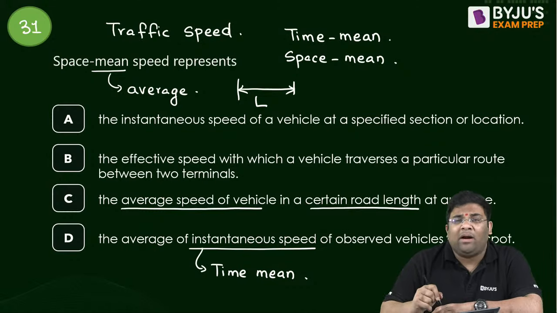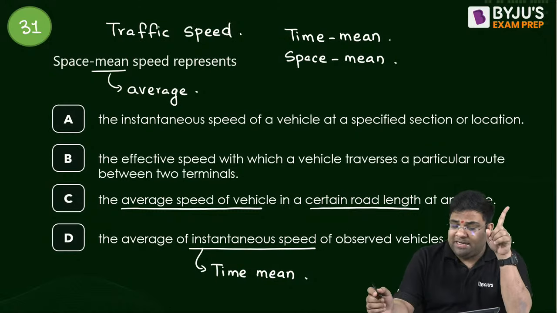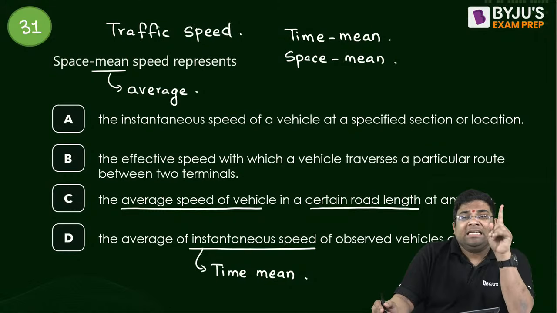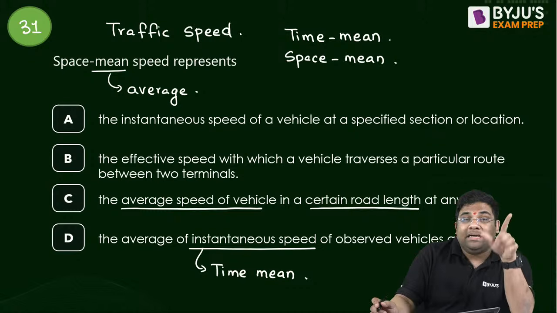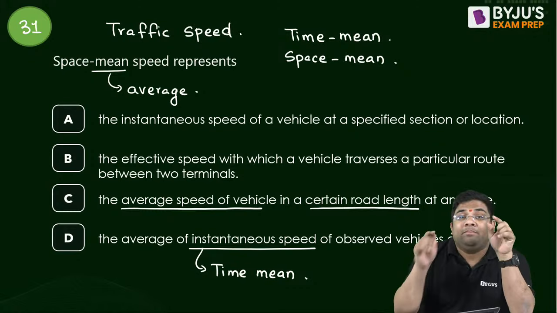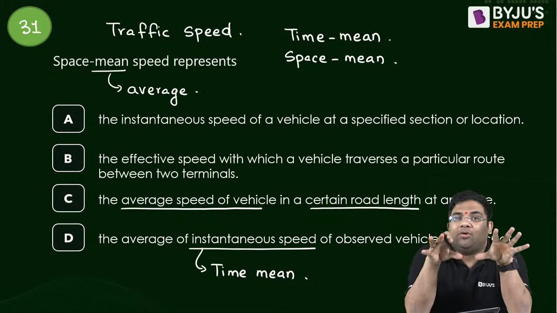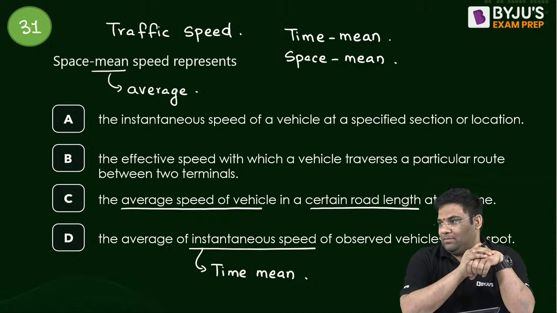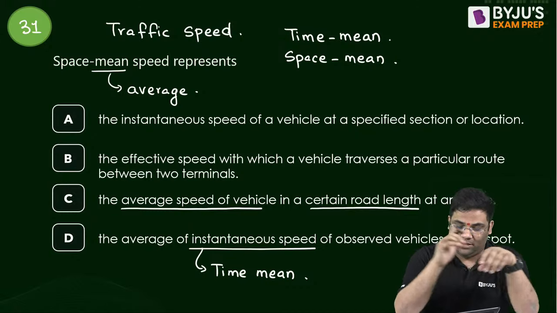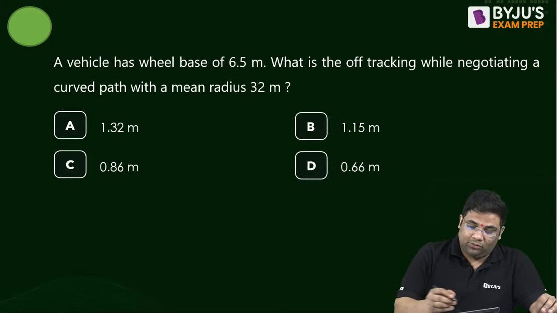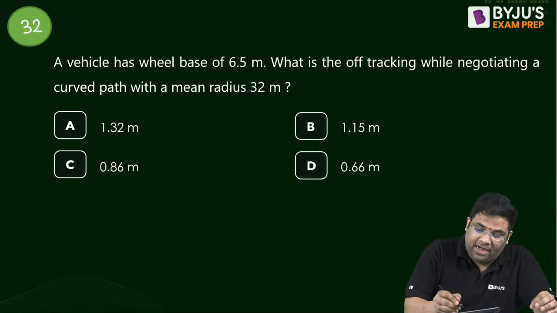And from there you find the space mean speed. So space mean speed is the average speed in a certain road length, but time mean speed is the simple mean of your instantaneous speeds. Understood? So answer is C. Next question is 32nd question.